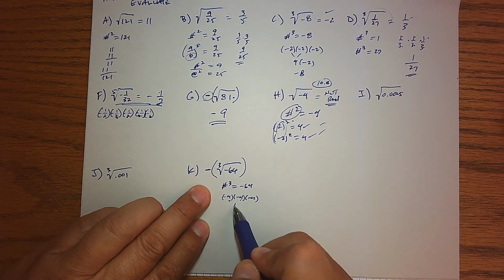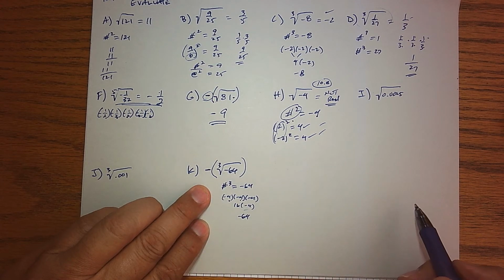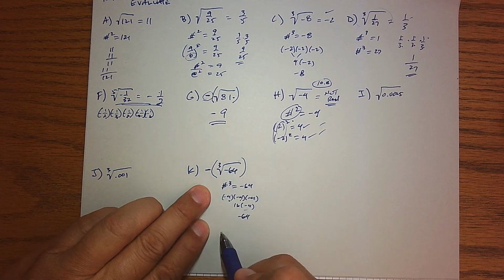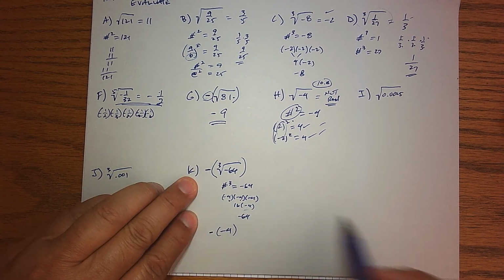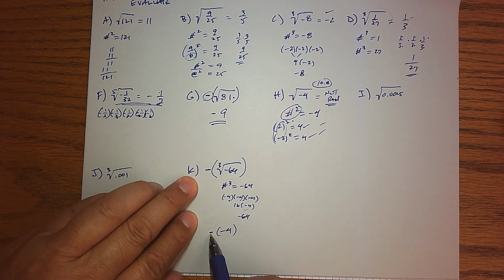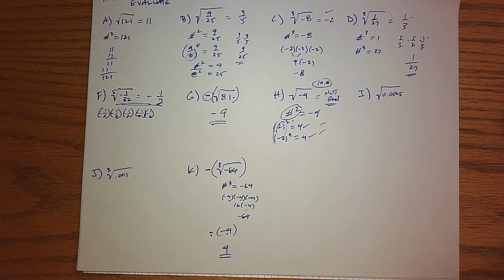Negative 4 times negative 4 is 16, times another negative 4 is negative 64. So this number inside here is negative 4. Of course, what are we doing with that number inside? We're applying that negative. So the opposite of negative 4, a negative times a negative, evaluates out to a positive 4.